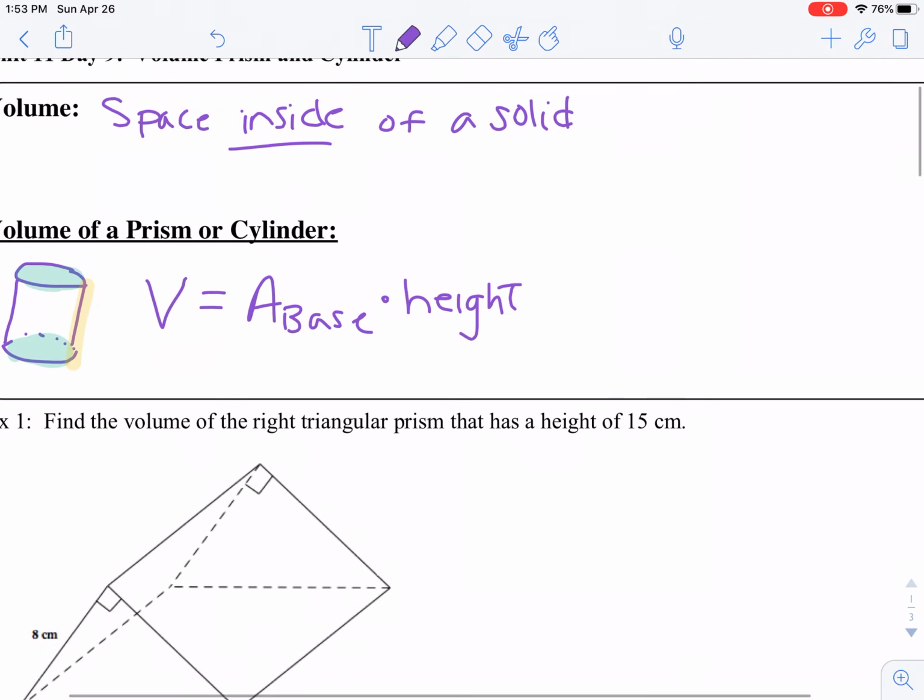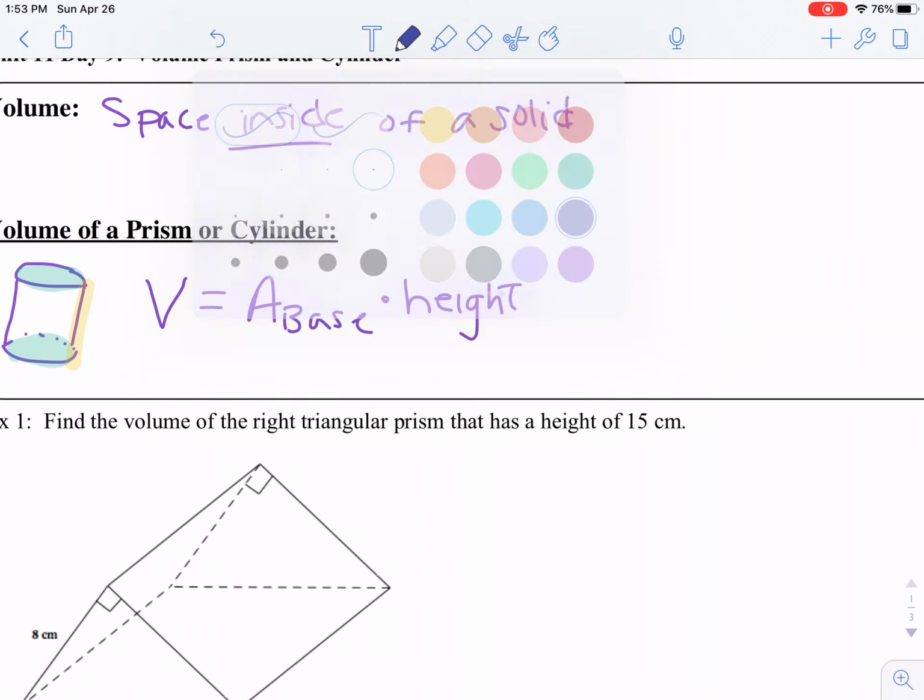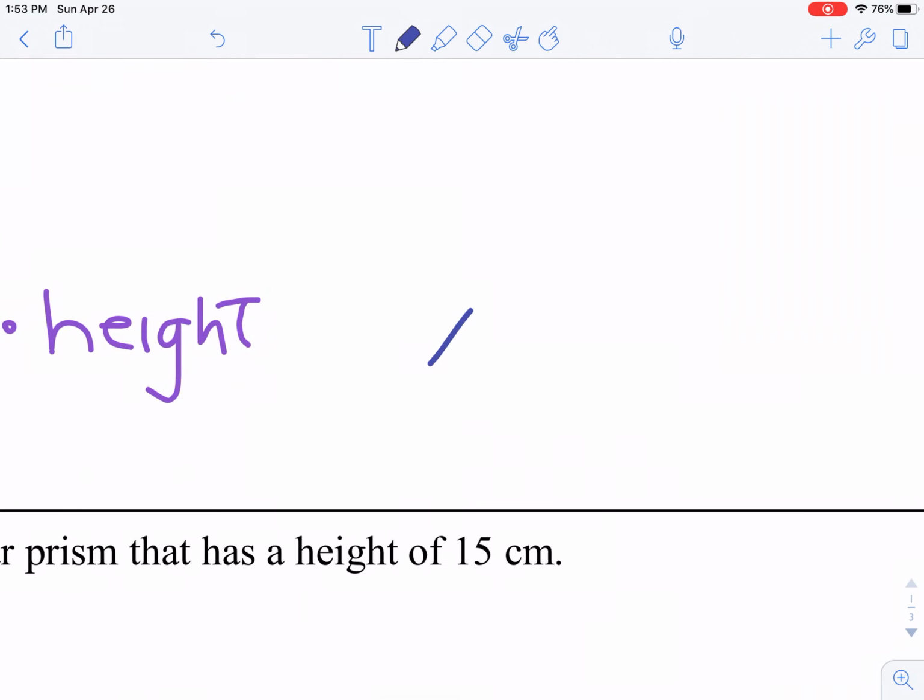And that's true even if your drawing is not drawn where your height is actually vertical. Maybe it's horizontal. So for example, let's say that I draw this triangular prism, right? I have two bases.